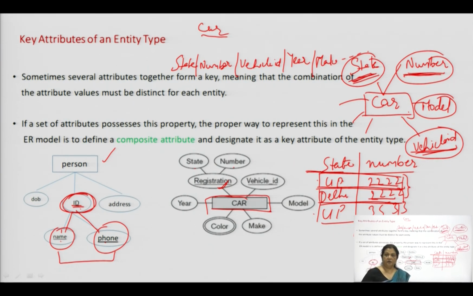I told you there can be a number of attributes which will constitute the key, and we will choose one of them as the primary key. So, if we are choosing this combination of state and number as the primary key, then in our relational model we will underline both these. But this being not possible over here, what we did? We created a composite attribute.